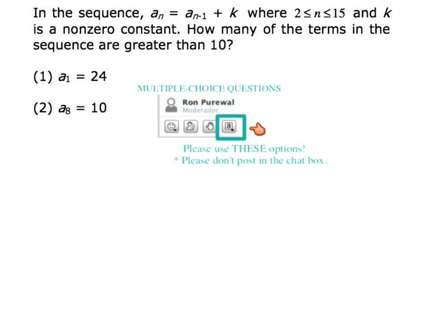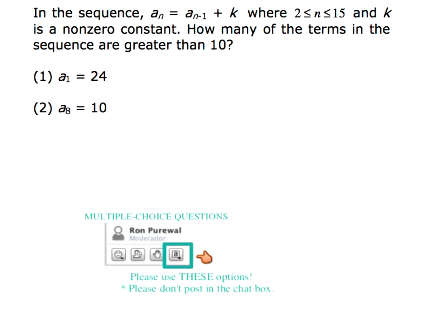The GMAT doesn't allow you to not pick an answer. You have to pick something, otherwise the problem will just sit there and stare at you until you pick something. So if this is a data sufficiency problem, we do expect you to be familiar with the way these problems work. If anybody doesn't remember what the choices are, I can go ahead and put those on the board.